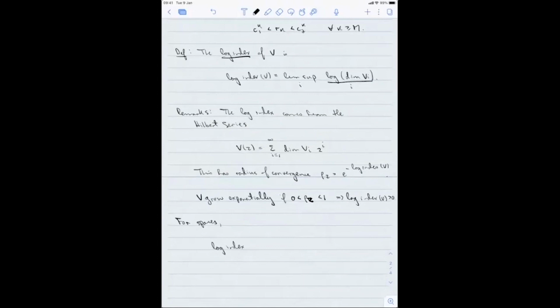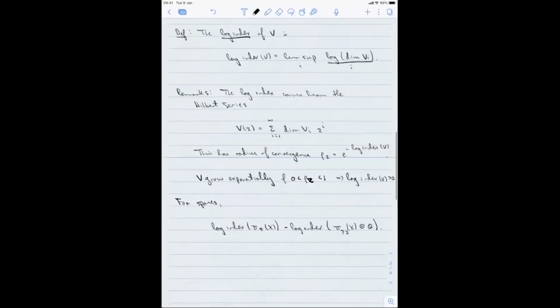We think about the homotopy groups of a simply connected space X, and we'll look at the log index of its homotopy groups, and we think of that as referring to the rational homotopy groups. So this is the log index of all of the rational homotopy groups in dimensions bigger than or equal to 2. And so it's just keeping track of the rational information.